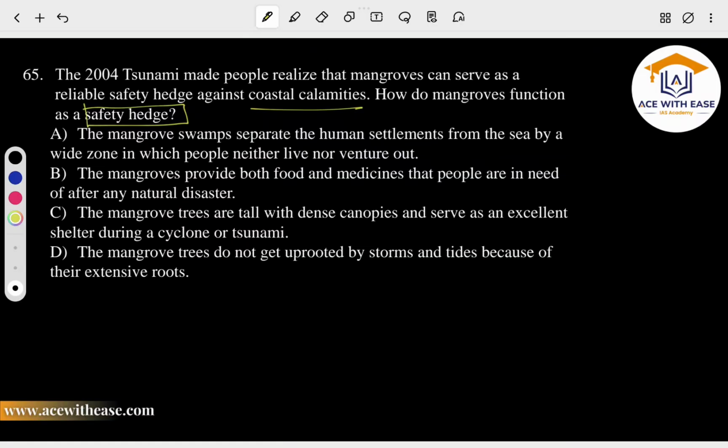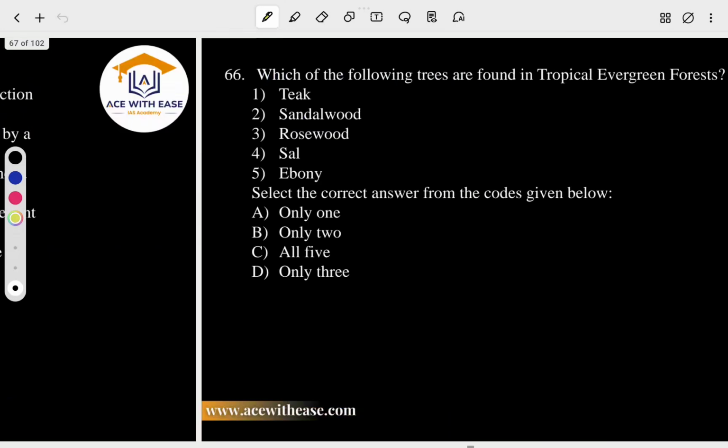Third option, mangrove trees are tall with dense canopies and serve as an excellent shelter during a cyclone or tsunami. Yes, but here we are asking about the safety hedge. How does it provide that? It doesn't get uprooted by the storm's tides because of the extensive root systems. So option D will be a more appropriate answer for the calamities.